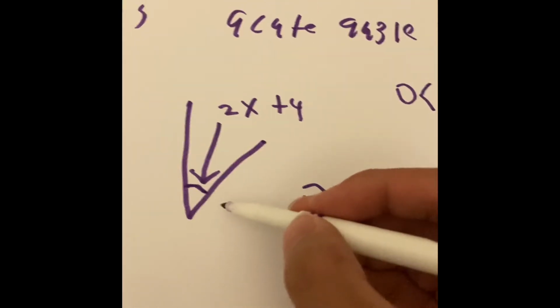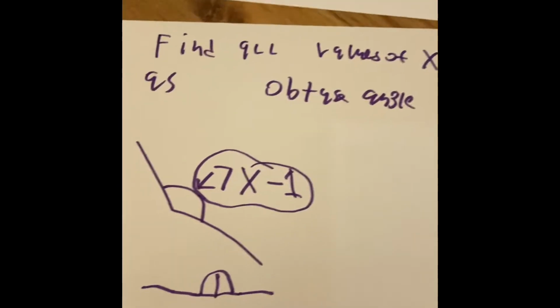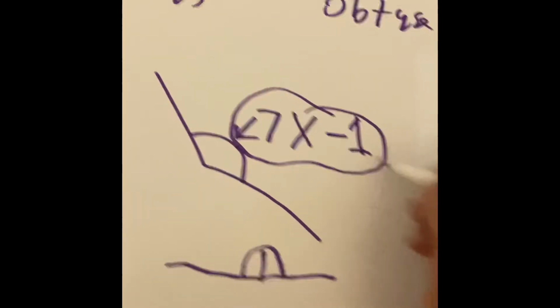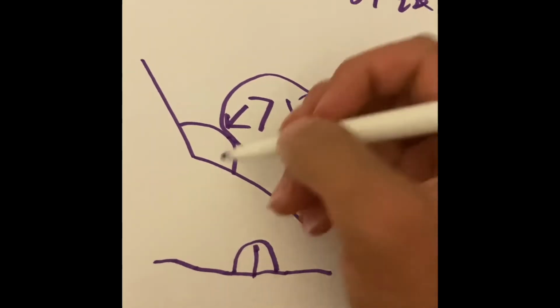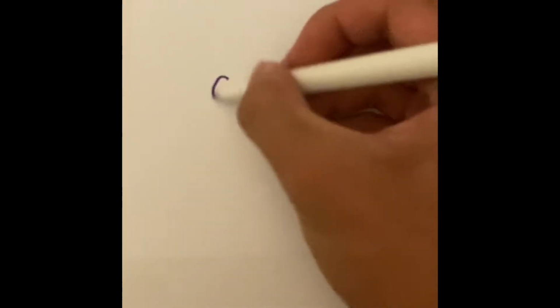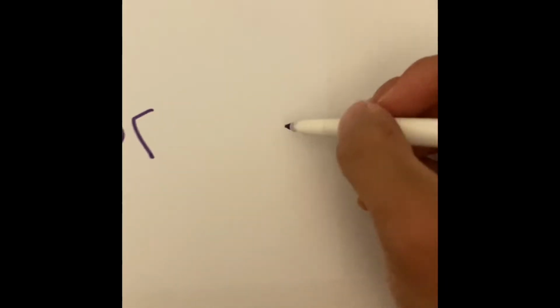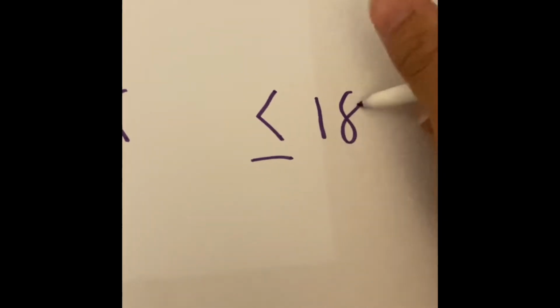So we found a solution to this one, but what happens if we use an obtuse angle? With an obtuse angle, everything is still solved normally. So this is an obtuse angle, and here is our equation that's pointing at how wide in degrees our angle is. An obtuse angle has to be greater than 90 degrees, but it can also be less than or equal to 180 degrees.